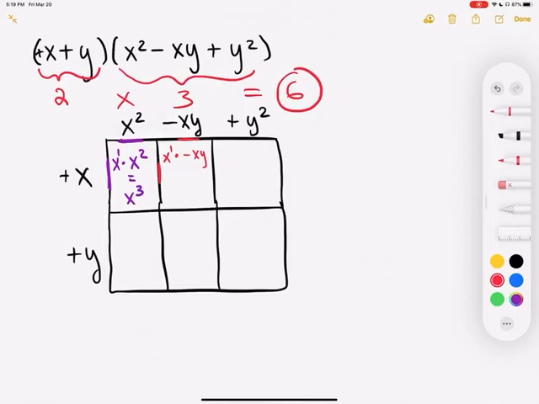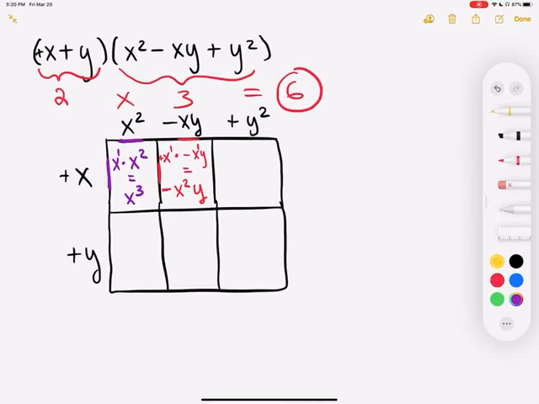In this case, you have to multiply the signs first. I have a positive sign and a negative sign, so this result is going to be negative. And then you have to multiply the x's. I have x to the power of 1 times x to the power of 1, which gives me an x squared. And then I have a y by itself, so y doesn't have anything to multiply. This should be my second result.